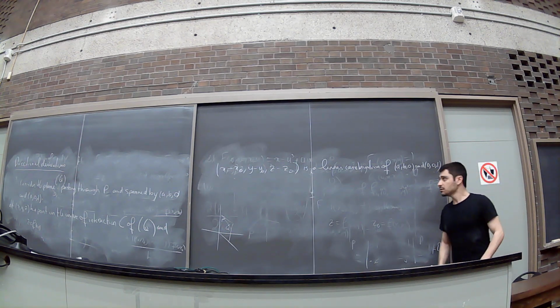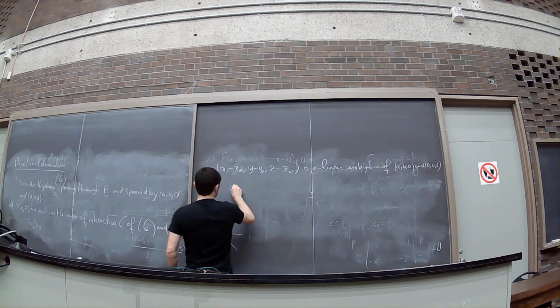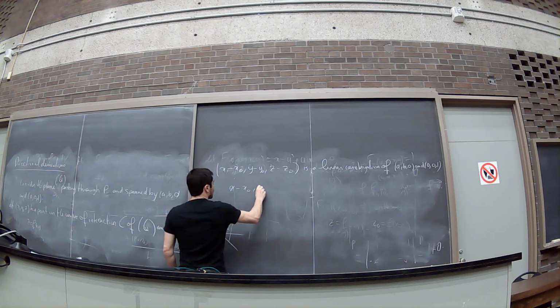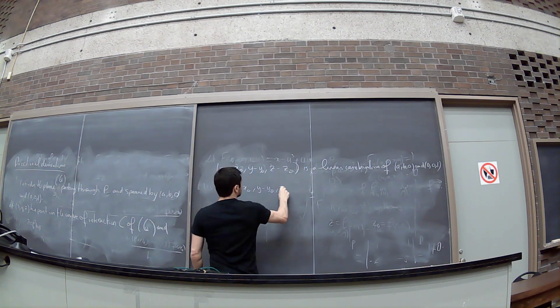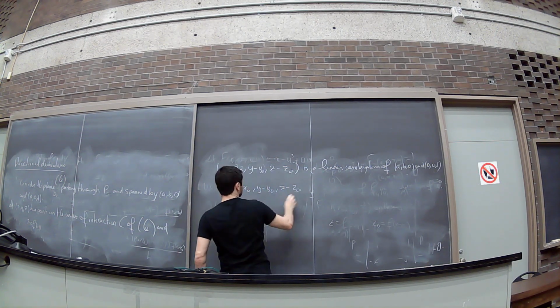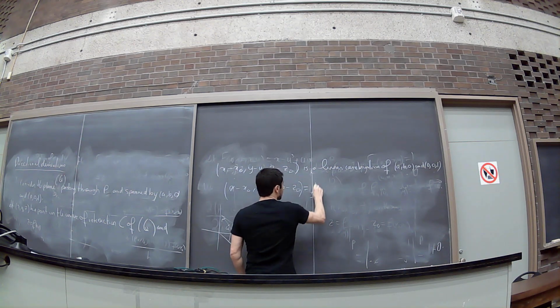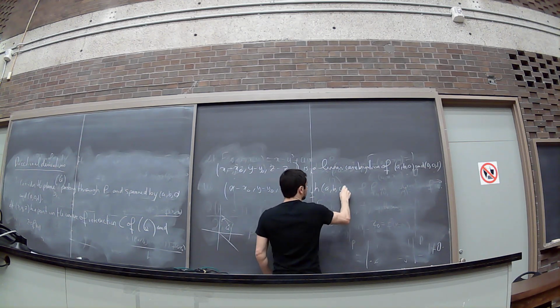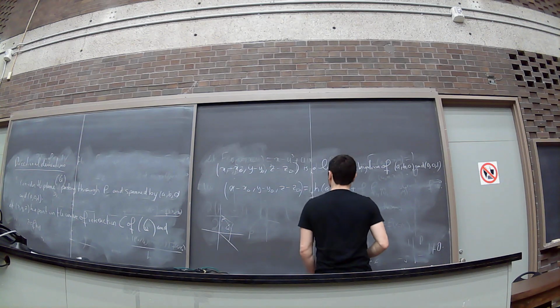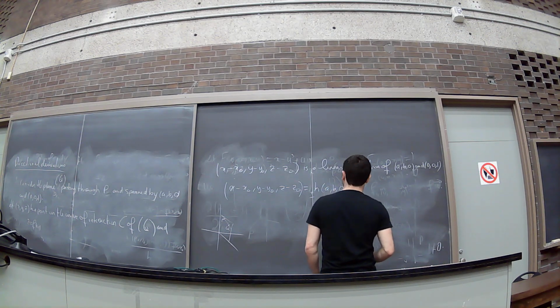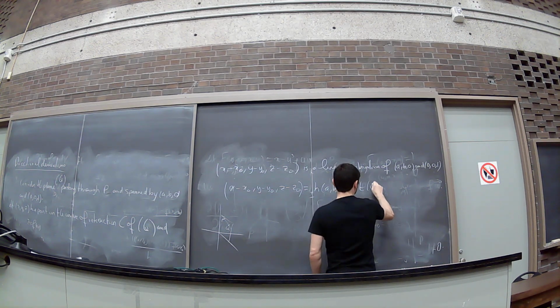You see that? Linear algebra? So we can say that (x minus x0, y minus y0, z minus z0) is, let's say, h(a, b, 0) plus t(0, 0, 1).